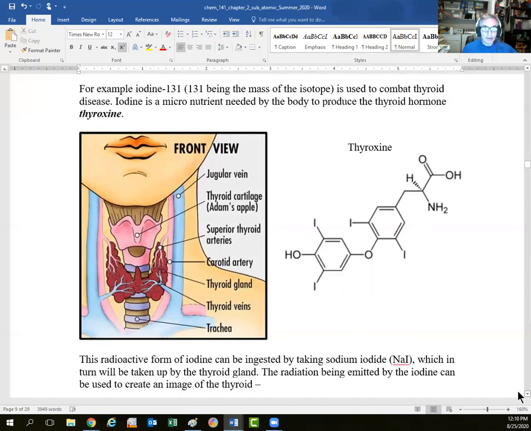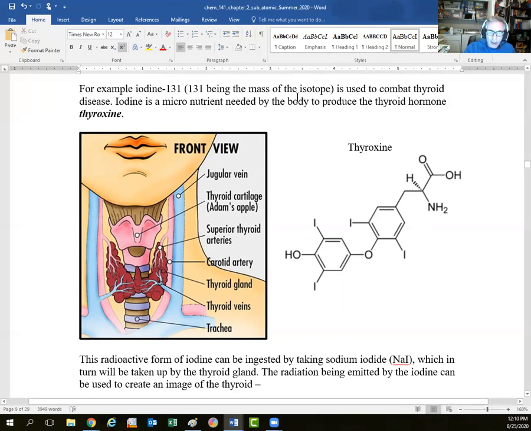We certainly see that with something like iodine, which is normally stored in the body, stored in the thyroid glands in your neck, and the thyroid glands use that iodine that's stored to produce the hormone thyroxine. Here's a picture of the thyroxine here.